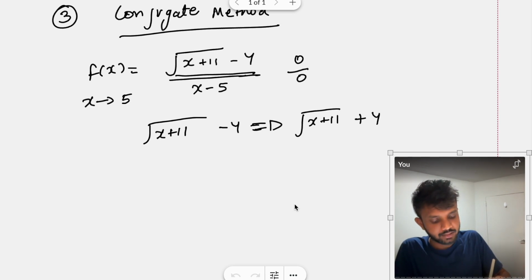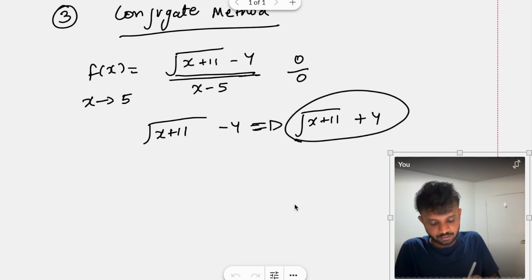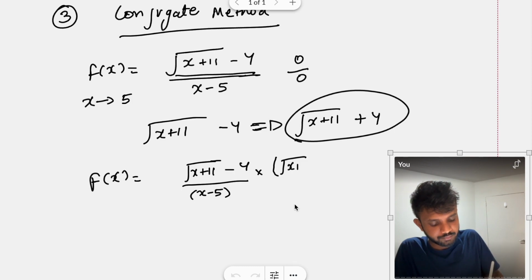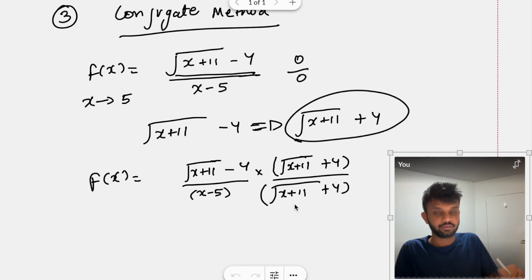So if I multiply this factor in the numerator and the denominator, f(x) will be equal to (root x + 11 minus 4) over (x - 5) into (root x + 11 plus 4) by (root x + 11 plus 4). The same, so this will be equal to 1. If I cancel both of them, it doesn't change our function, right?